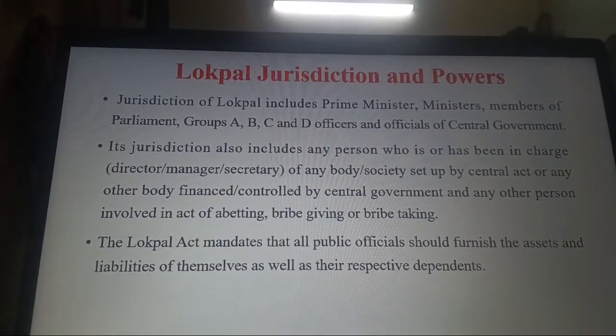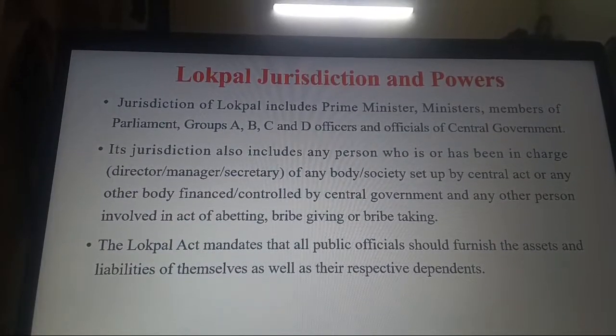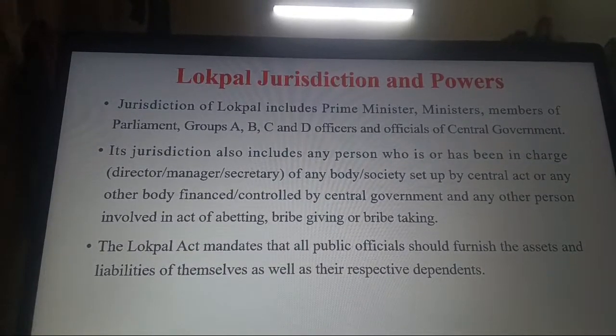The jurisdiction of Lokpal includes the Prime Minister, Ministers, Members of Parliament, group A, B, C and D officers and officials of the central government.